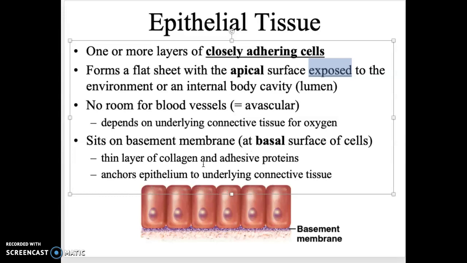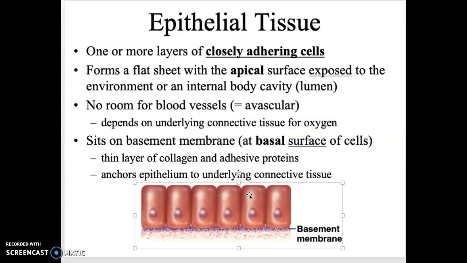And the basal surface is the part that is at the base, at the surface, so this side of the cell. Each of these little cubes is a cell, little purple circle in the inside is the nucleus. So they all orient in the same way, and they're very, very close together.